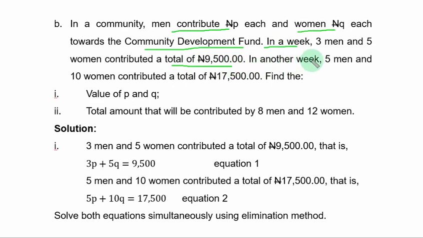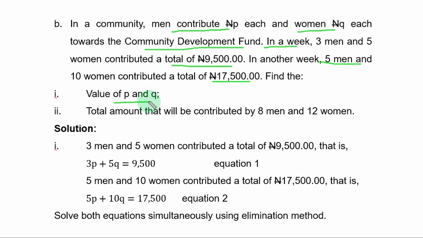In another week, 5 men and 10 women contributed a total of 17,500 naira. Find (i) the value of P and Q.